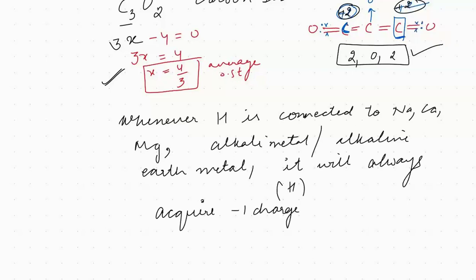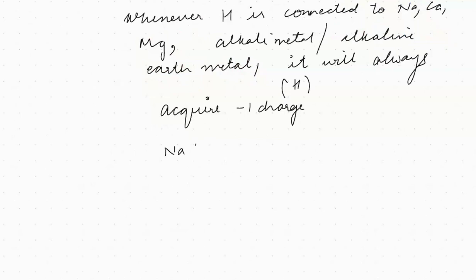That means if I say NaH, sodium hydride, you break it down, H will always be -1. Why so? Because sodium is a metal. So metal will always lose electrons, and hydrogen in the presence of sodium will have to forcibly gain the electron.